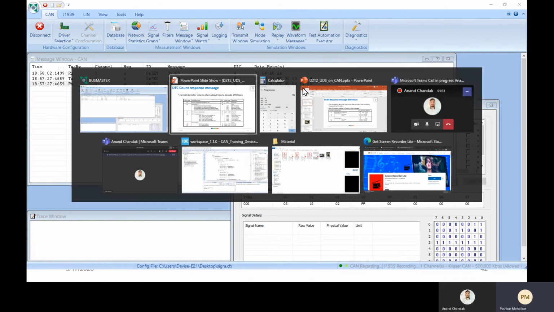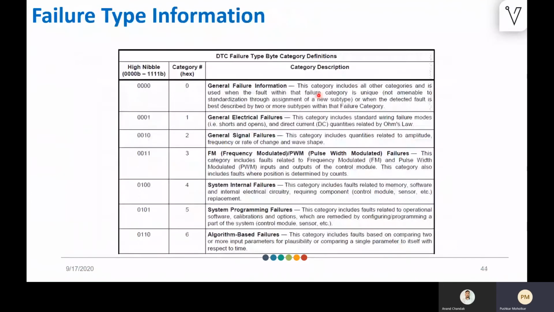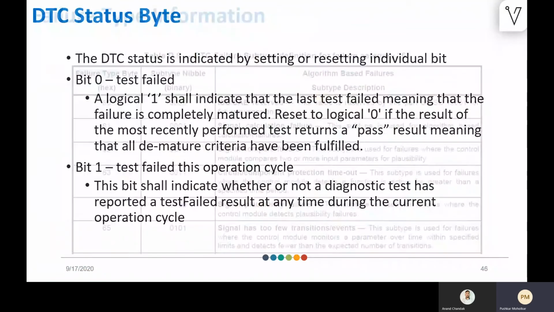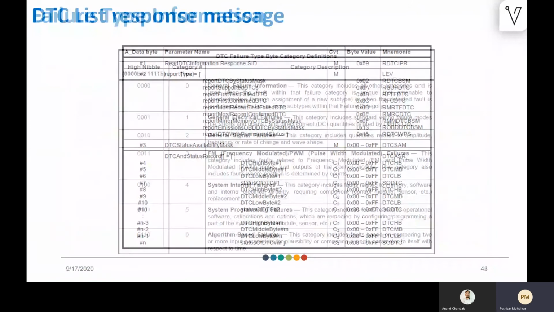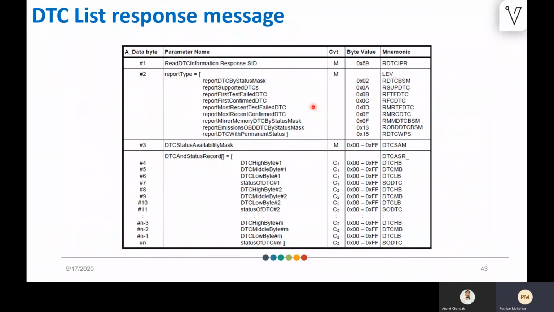So as we have seen in our previous session, this was the response message format. So 59 represents that the positive response is received, then 0x02 was the DTC status report DTC by status mask sub function that we had requested.